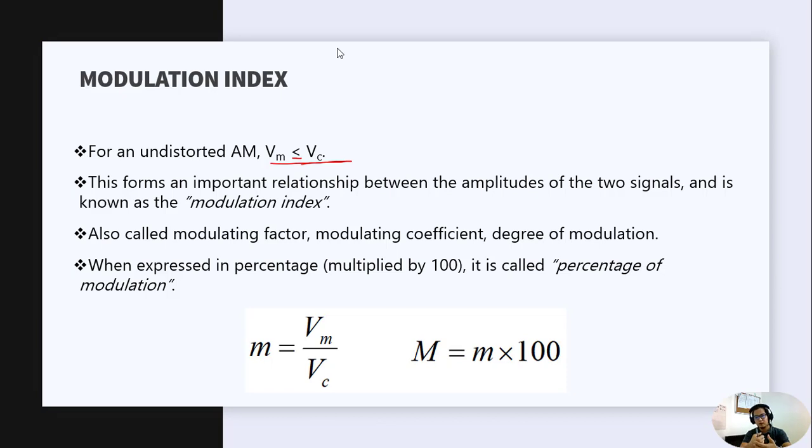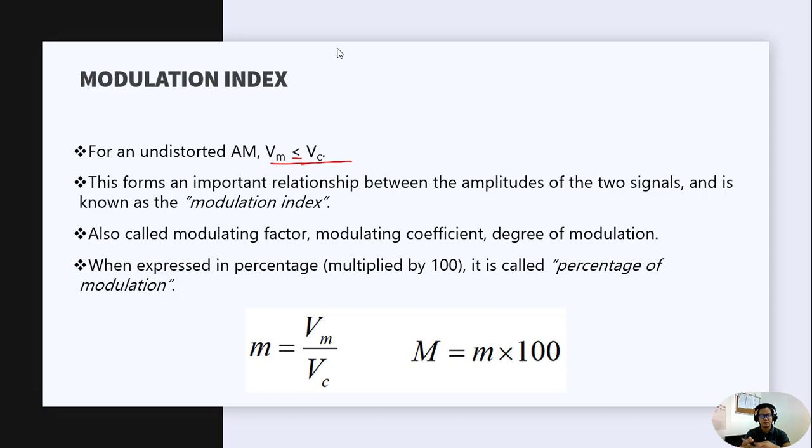This will tell us automatically, by just the figure of this modulation index, how good our system is in terms of modulation. Modulation index, by the way, is also called in other books as modulation factor, modulation coefficient, minsan degree of modulation.